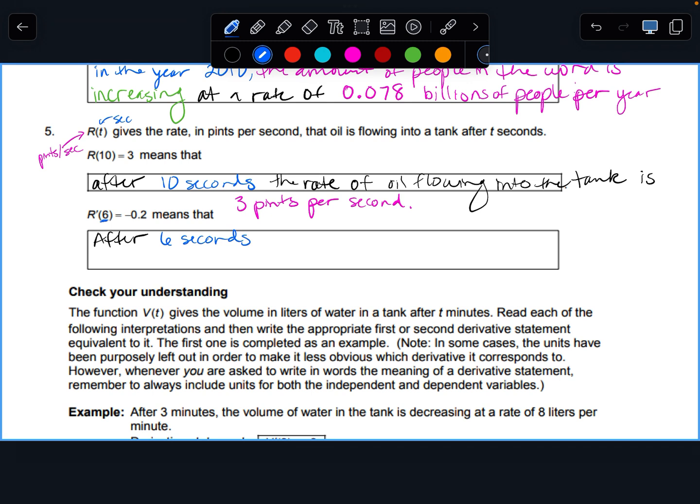Because it was the rate. So the rate. Like what it said, the rate of decreasing at a rate of.